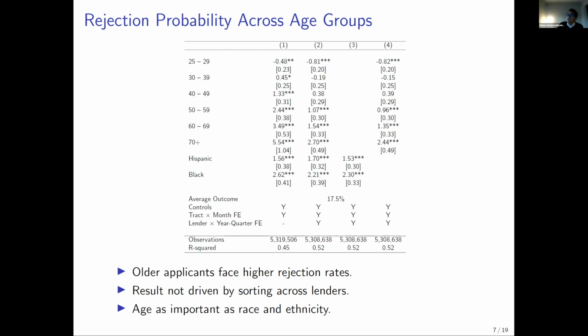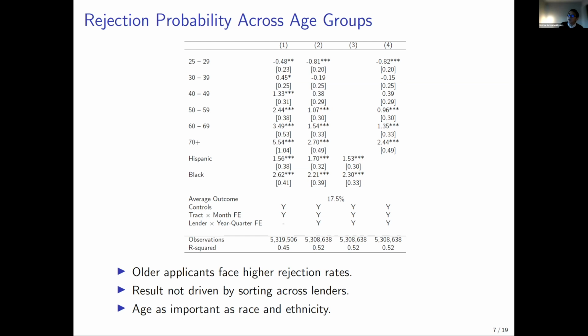The coefficient increases from negative 50 basis points to about 5.5%. So the total gap between the oldest age group and the 25-29 age group is about 6%, which is large compared to the unconditional rejection probability of 17.5%.